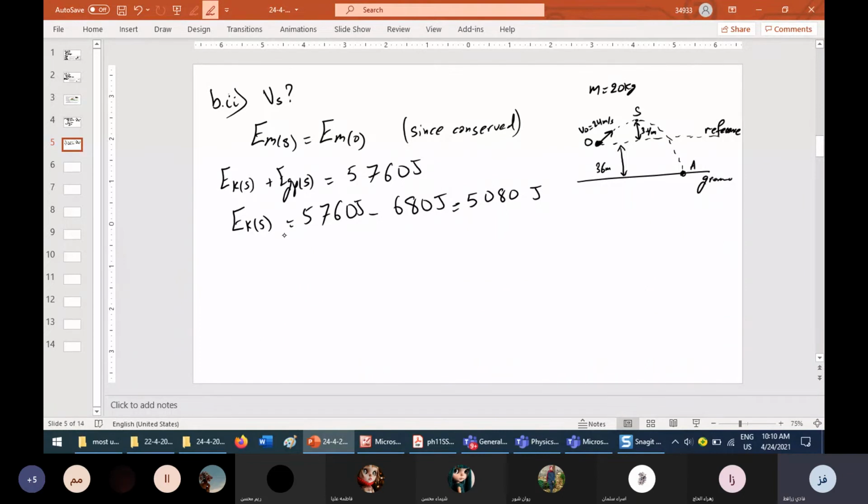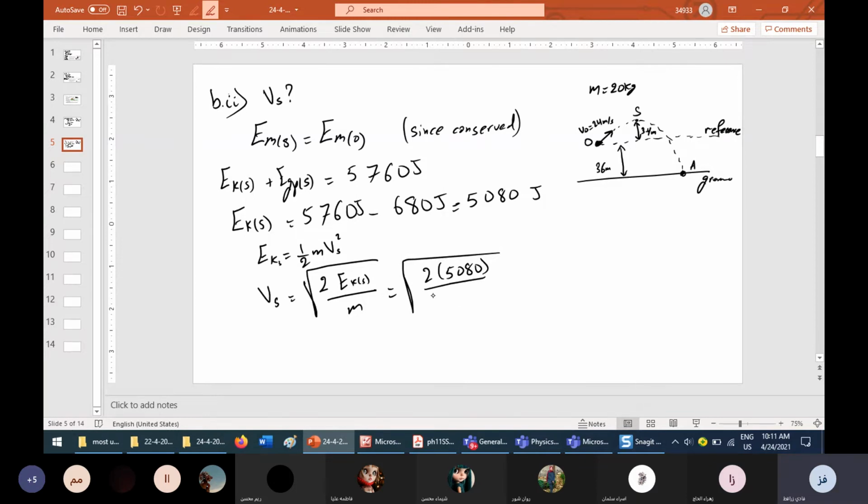From the kinetic energy I can deduce the speed. Since the kinetic energy equals half mv squared, I have to multiply by 2 and divide by m. Multiplied by 2, it becomes 2 kinetic energy at S divided by mass. We have to remove the square by a radical. Substituting: 2 times 5,080, divided by the mass, which was 20.